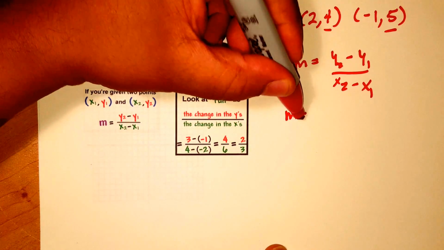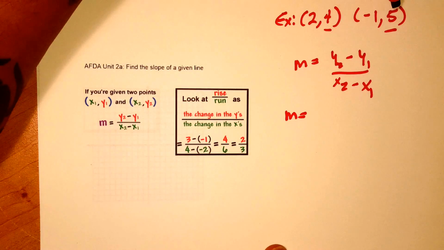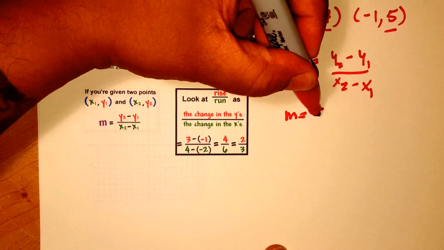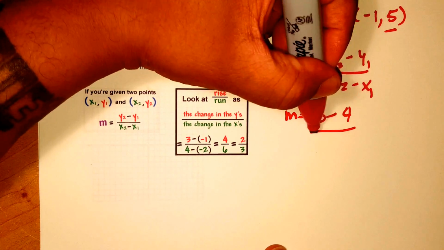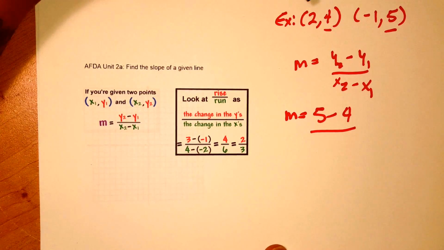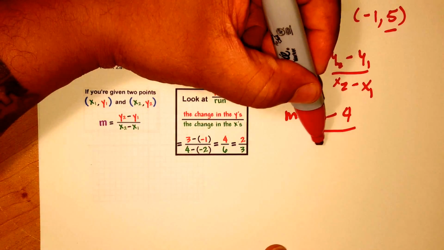So y2 is going to be 5, y1 is 4, and again, keeping track, x2 is -1, x1 is 2.